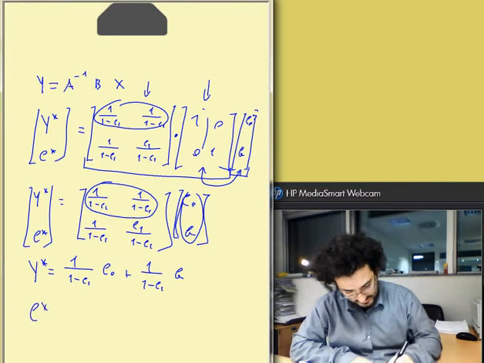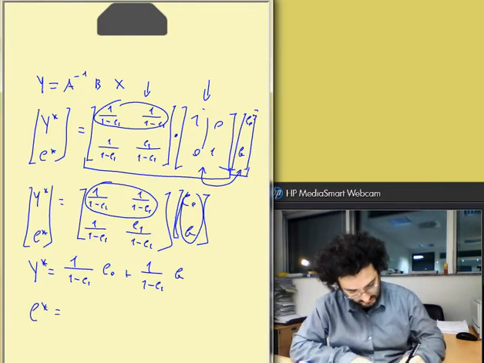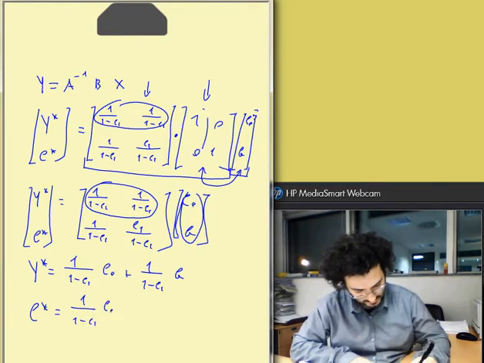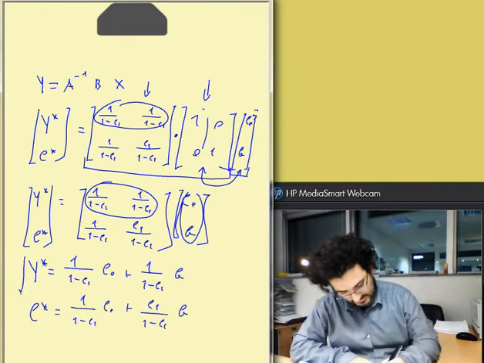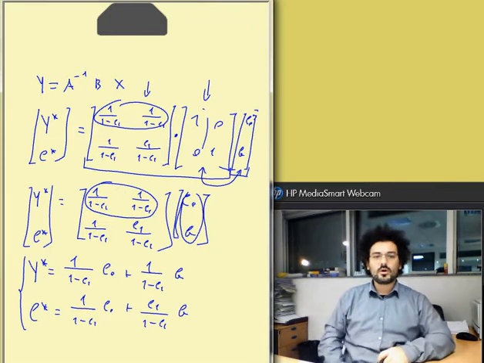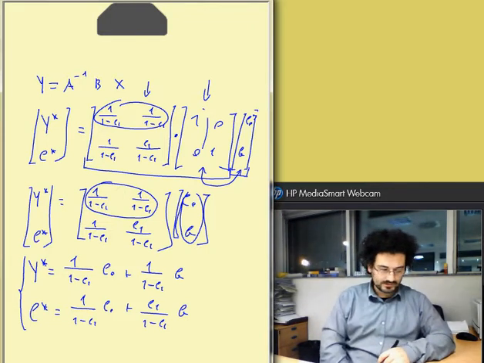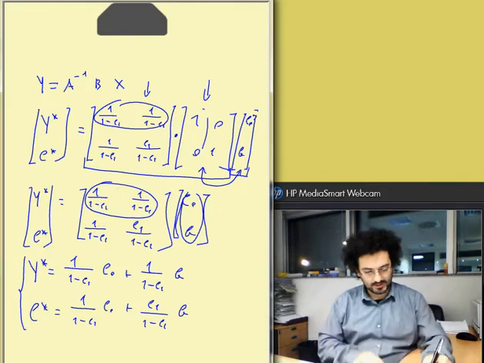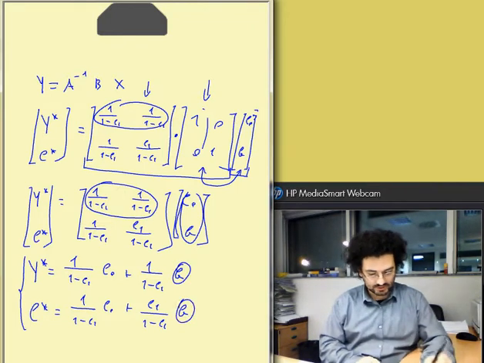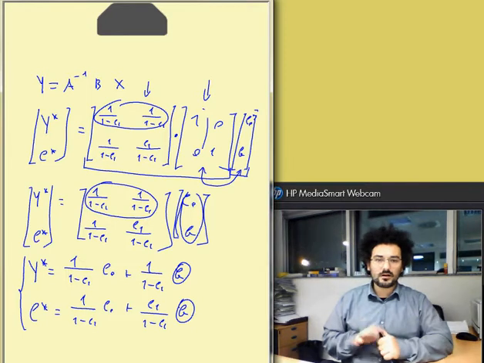C star will be equal to 1 over 1 minus C1 C0 plus C1 over 1 minus C1 G, and this is the final solution of our model, or the reduced form model. Now we can see the effect of an increase in the government expenditure on income and on consumption, the final equilibrium effects.